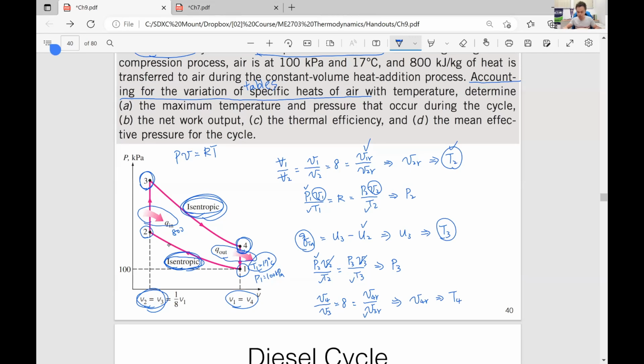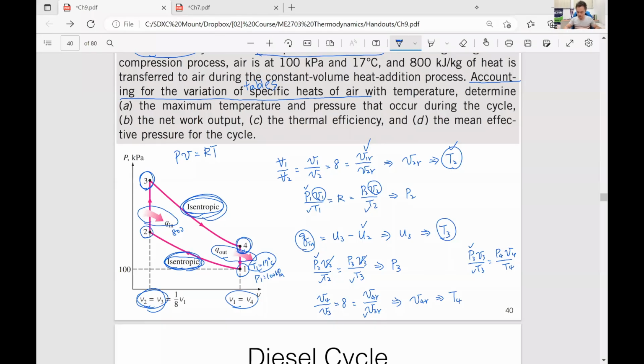Once you have T4, P3 V3 over T3 equals P4 V4 over T4. V3 to V4 is 1 over 8, so you know this. Then you know T4, so you can know P4.